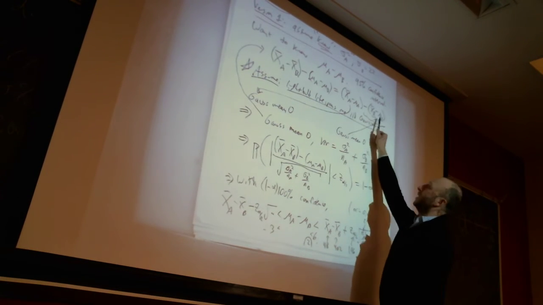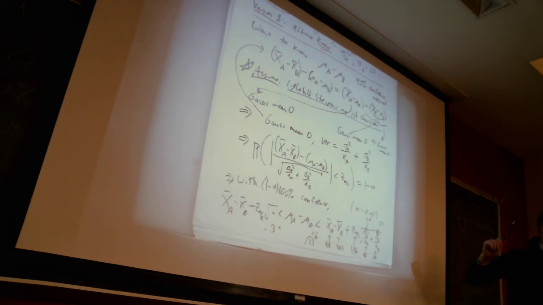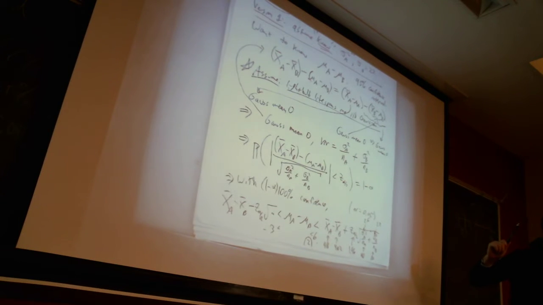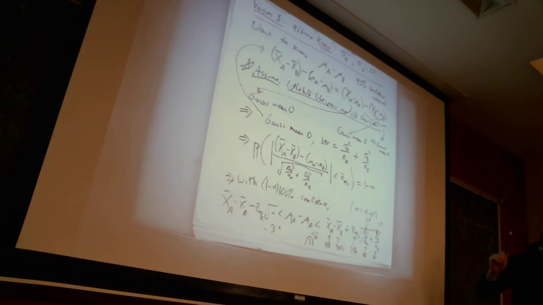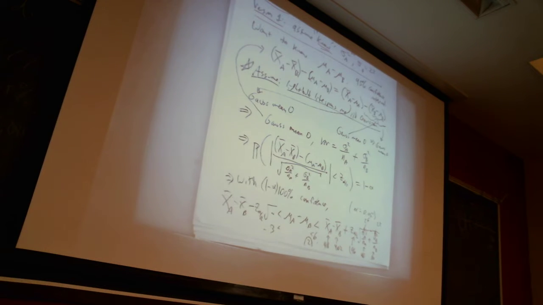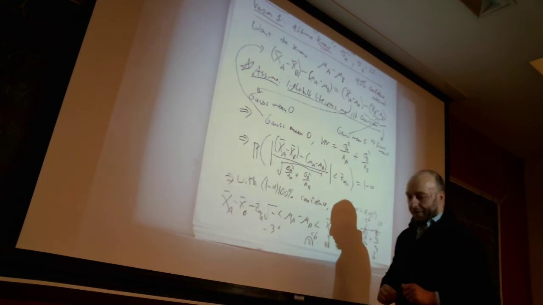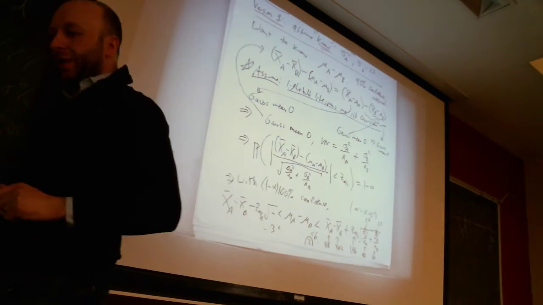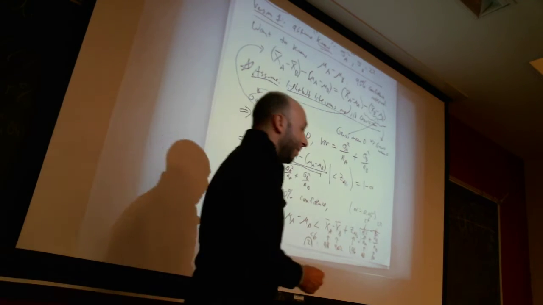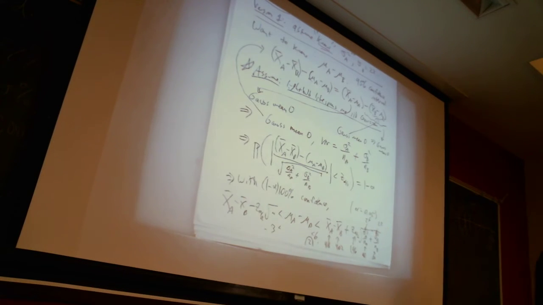They're both Gaussian with mean 0. So they can add up to make a new Gaussian. And they're independent, so their sum is Gaussian. Yes? If their mean is not 0, they cannot add. That's right. The sum of two Gaussians, if they have the same mean, is a Gaussian of the same mean.